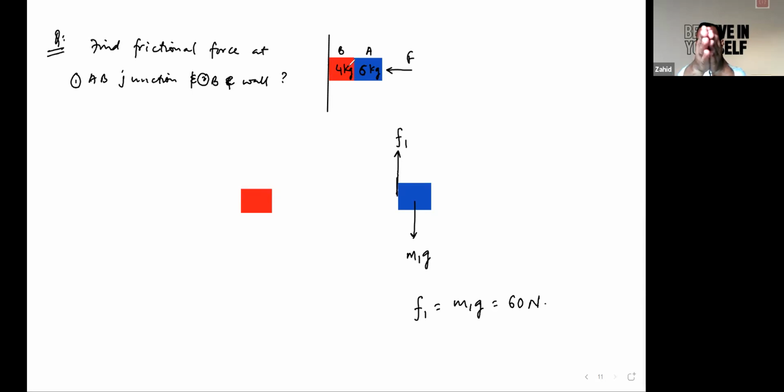If you move one in the forward direction, it must be experiencing a frictional force in the backward direction, opposite to its motion. Similarly, this second block is going backward, so it must be experiencing a frictional force opposite to its motion, so it must be in the forward direction. Is it clear?